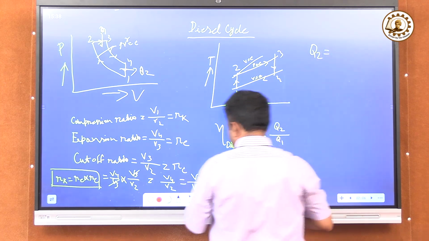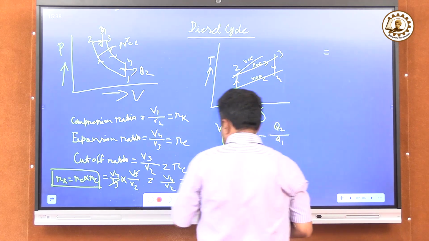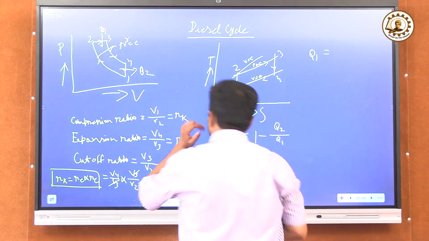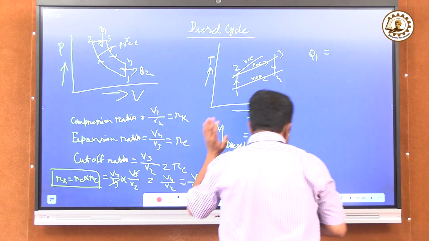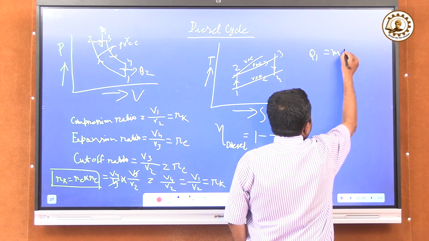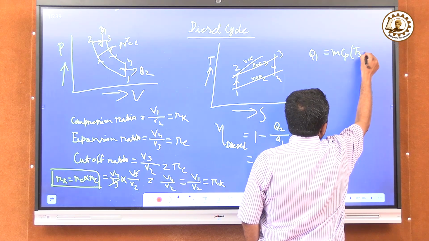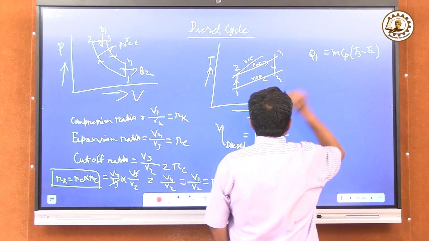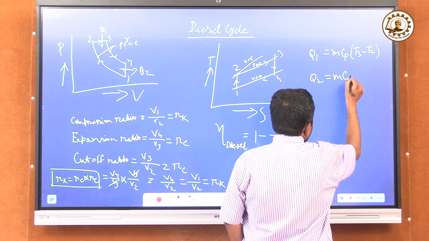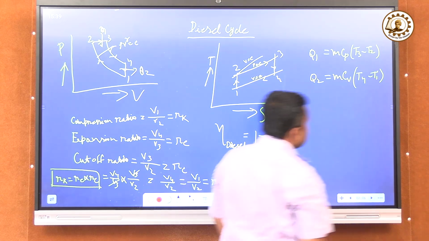Sorry, first, this is heat addition at constant pressure. What is that? This is M into Cp into T3 minus T2. And Q2 must be M into Cv into T4 minus T1, as it is heat rejection at constant volume.